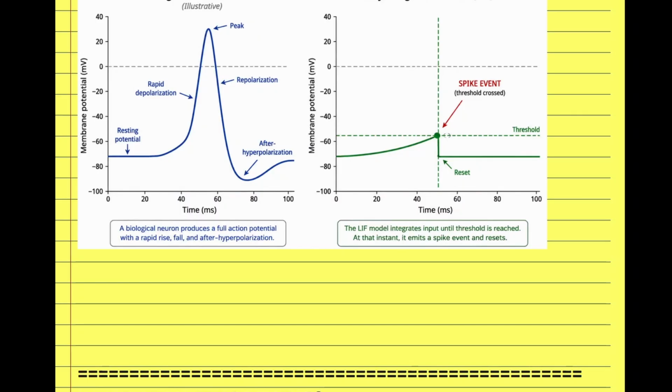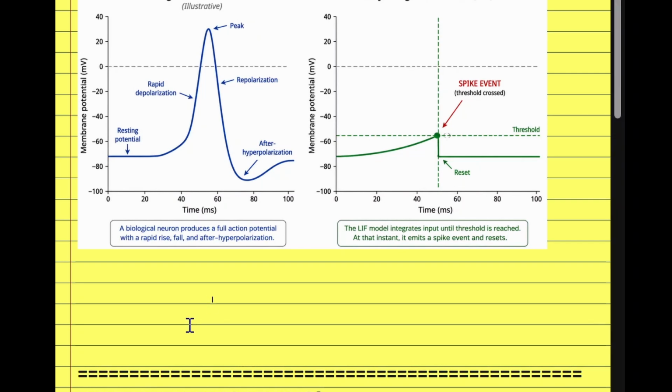In this video, we built the Leaky Integrate-and-Fire neuron from its basic intuition, derived its mathematical formula, and implemented it in Brian2. On this side, you can see a biological illustration. It's a little bit complicated, but Leaky Integrate-and-Fire model simplifies everything.